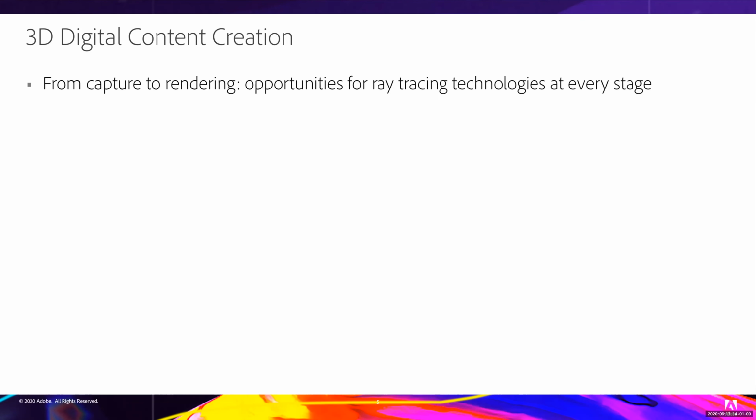Now, of course, there are plenty of opportunities for ray tracing technologies in DCC, but what's important is that it's not only about rendering. The ability to trace rays extremely fast on modern GPUs means that you can go beyond pure visualization.